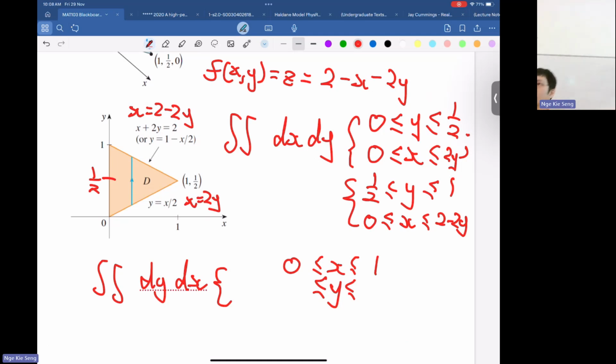So how does y depend on x? When you fix an x, you see how y changes. You can see that y decreases all the way up to a point at the end. So what are the upper bound and the lower bound here?